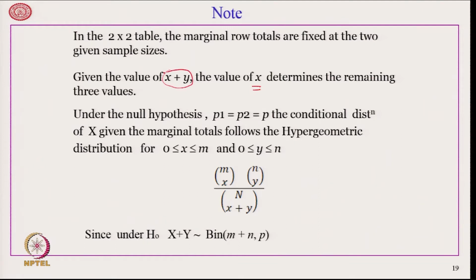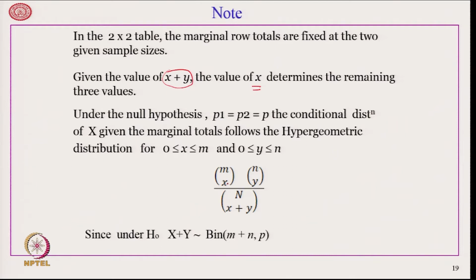Under the null hypothesis, P1 is equal to P2 is equal to P. Then the conditional distribution of x given the marginal totals follows a hypergeometric distribution. That means, what is going to be the probability of x out of m trials?